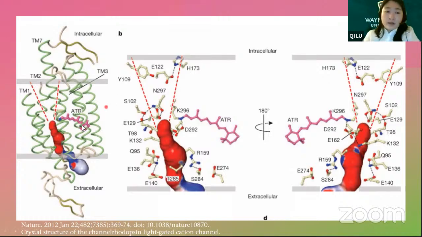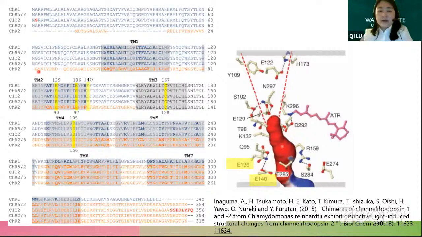After the conformational change of the all-trans retinal, this structure changes, different bonds will be formed, and this pathway will be opened, and the ions can flux in. So these two sites are labeled here. They are on the second transmembrane domain. That's for channelrhodopsin 2, E97 and E100.